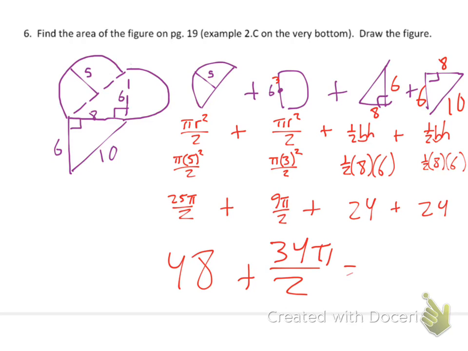What is it? 17 pi. So 48 plus 17 pi. Units squared. I don't know what the units are, but if it's inches, it'd be inches squared. And I don't need, guys, I don't need a calculator. I didn't need a calculator for this problem. Now, if I want an exact answer, then yes, take a calculator out.